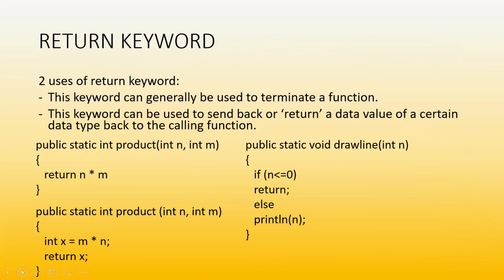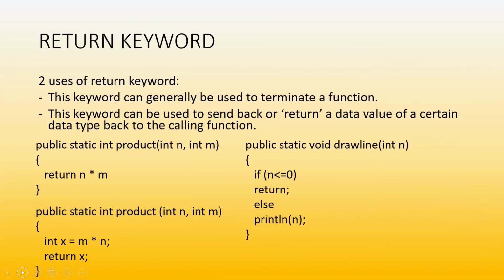Now we go to the return keyword. The return keyword is mainly used to terminate or end a function. But there is another use of the return keyword. It can be used to send back or return a data value of a certain data type back to the calling function.